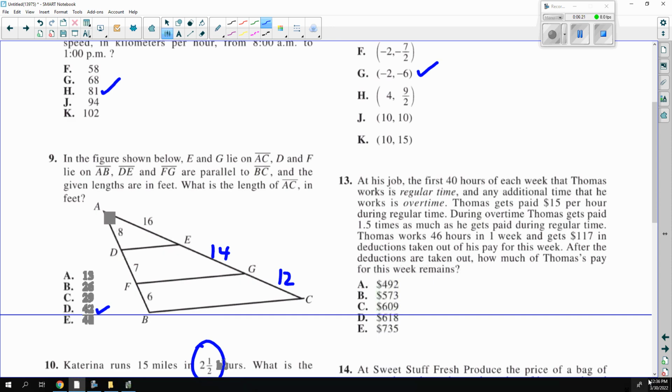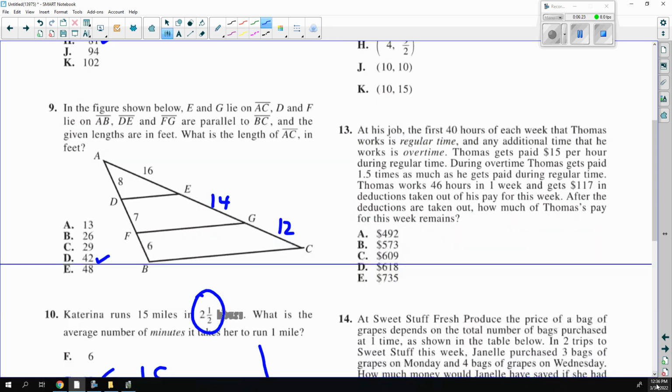They love these overtime problems. If you work a 40-hour week at $15 an hour, you would times the 40 by 15, and that would give you $600. For the 6 hours of overtime, you get $15 times 1.5.